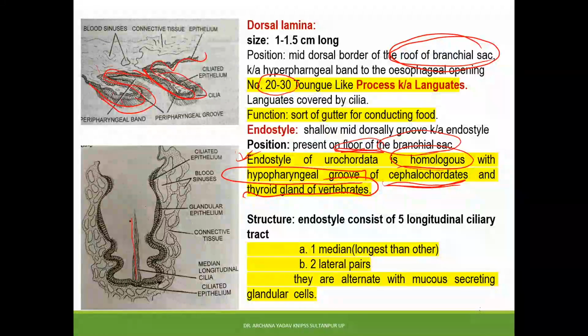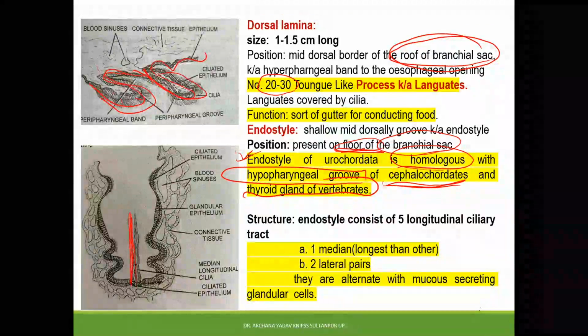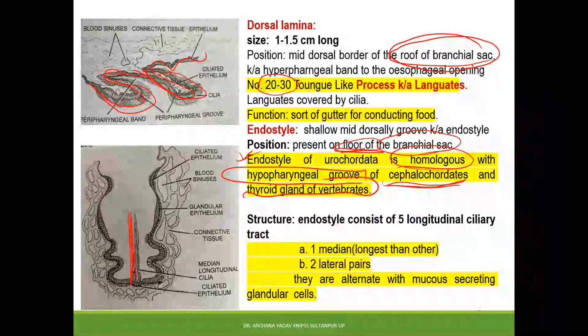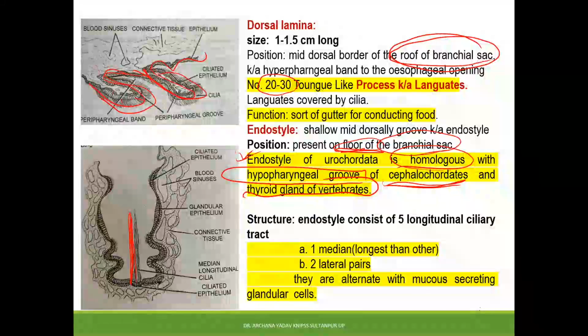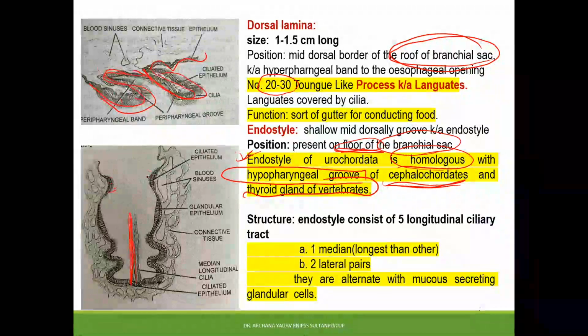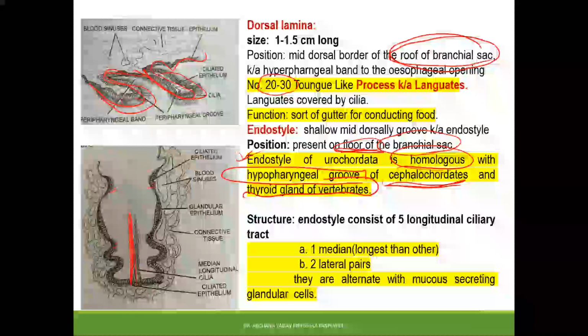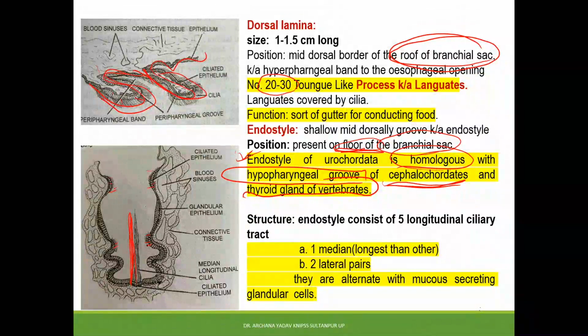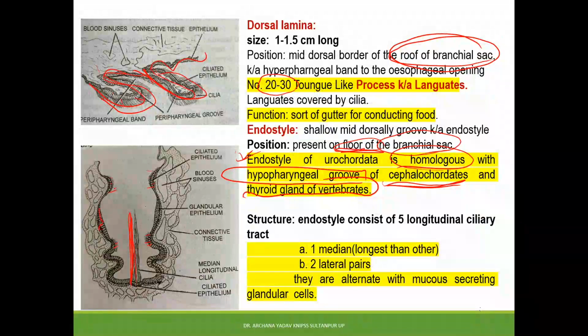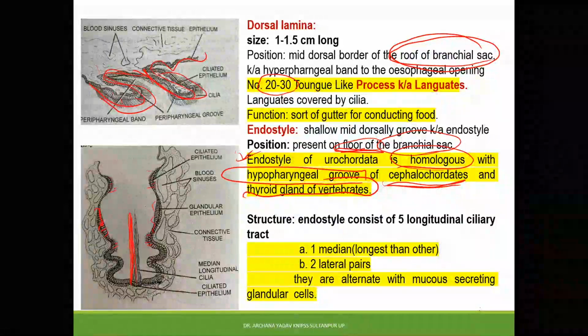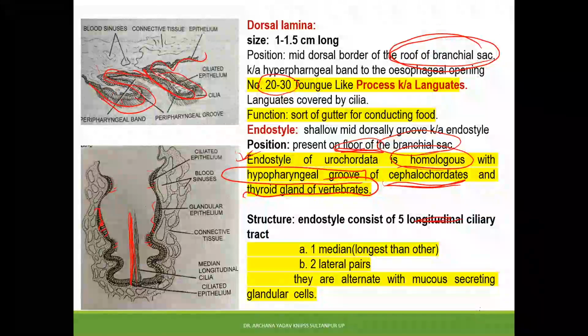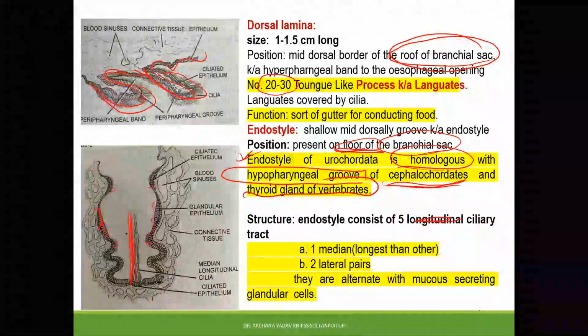One is present in the mid region, which is known as the median longitudinal cilia, and the others are lateral cilia, this one, and they are present in an alternating manner with mucus secreting glandular cells. So the total number is 5 ciliary tracts.